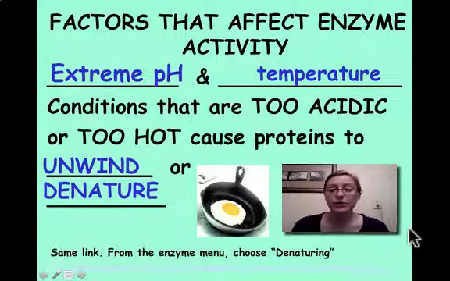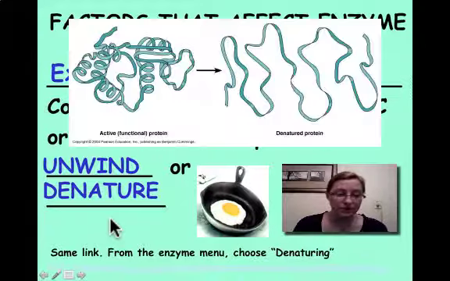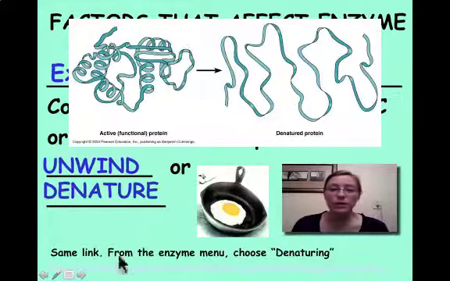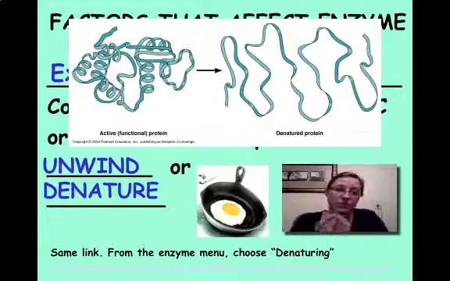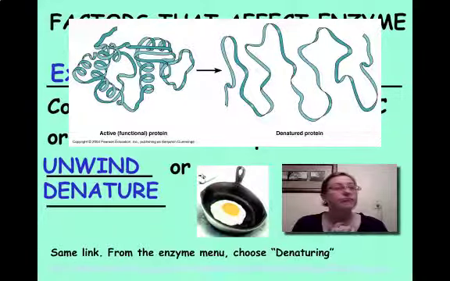So when you look at a protein, basically what you have is a big long mess of all these intertwining chains of amino acids, and they're all being held together by bonds. Trying to think of a good example of what it would be like.